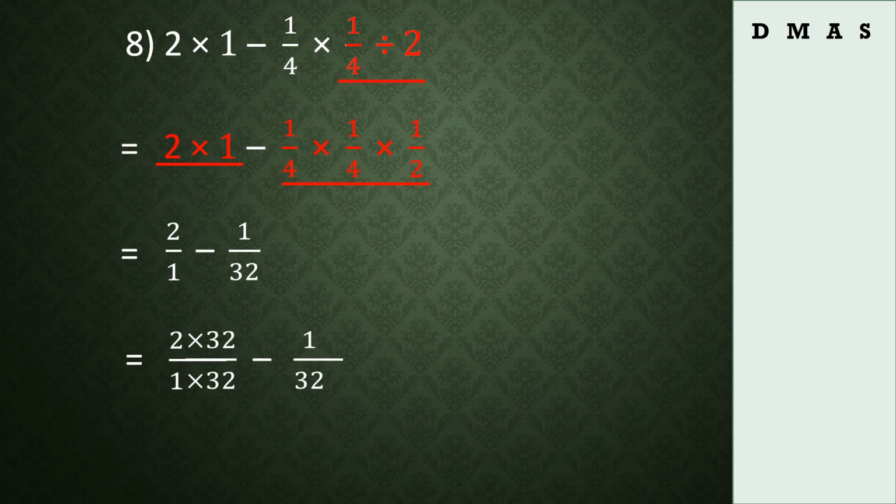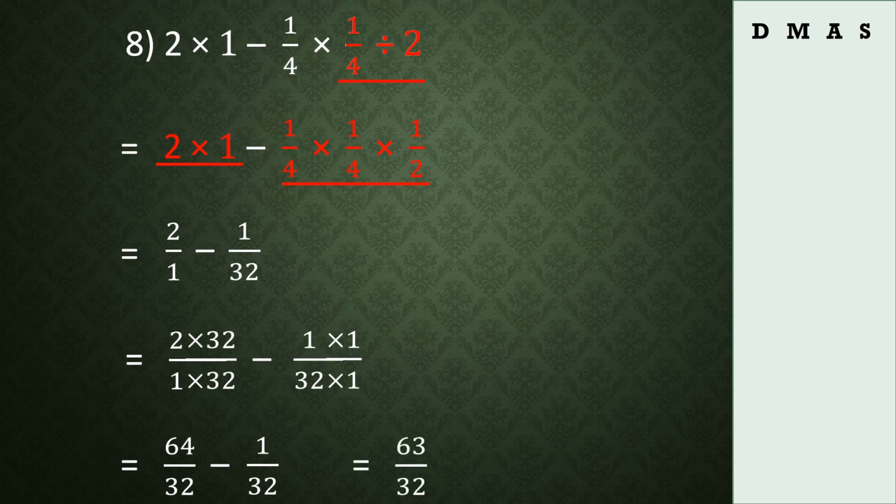So multiply numerator and denominator by the same number 1. Now simplify. 32 twos are 64 and 32 ones are 32. So we get 64 upon 32 minus 1 upon 32. See, the denominators are same. So do the subtraction. 64 minus 1 is equal to 63. So we get 63 upon 32.